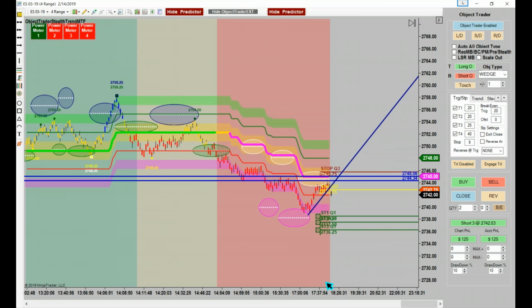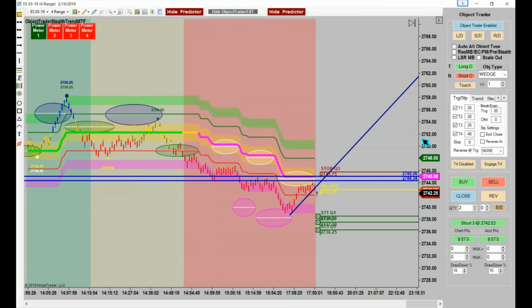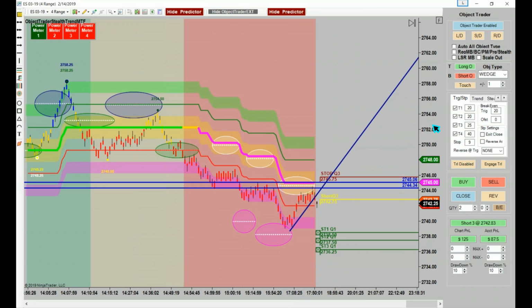Now, if you get in the habit of using the tools like this, and by the way, what hit me as a brainstorm a few months ago actually is, why can't we draw a box, and why can't we also draw a wedge and have a little button on here somewhere that says I want to take both of them?